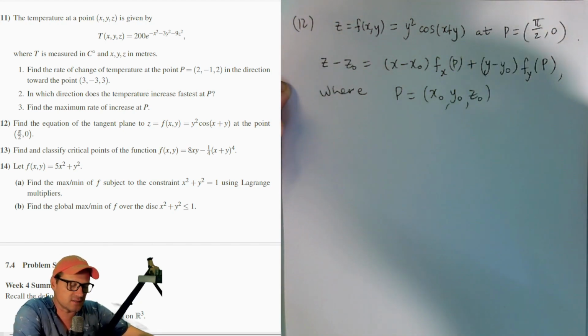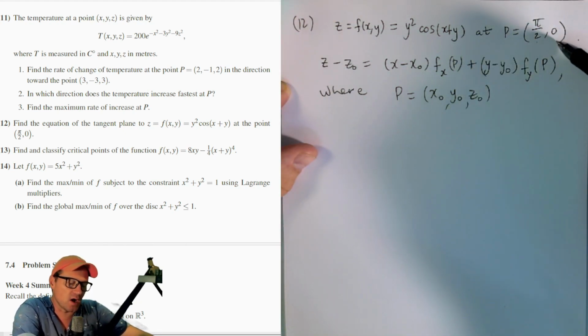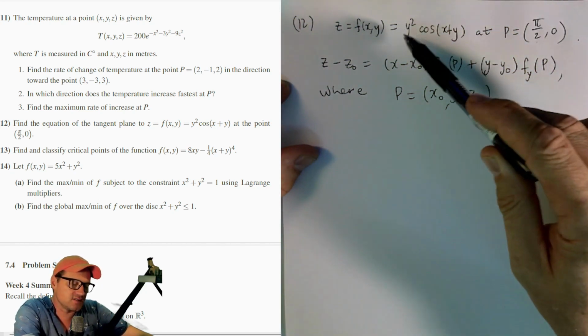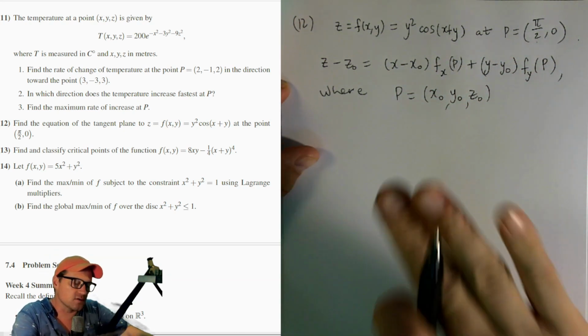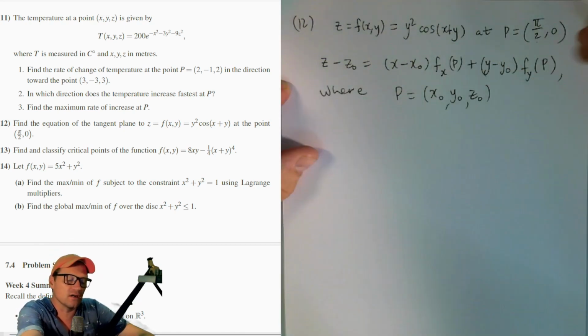And so in this case, here's our x0, here's our y0. The z0 value requires us to sub these two into our function to find z, or z0. Okay, so this is a three-dimensional version of this point right here.